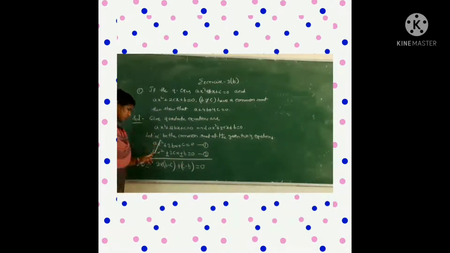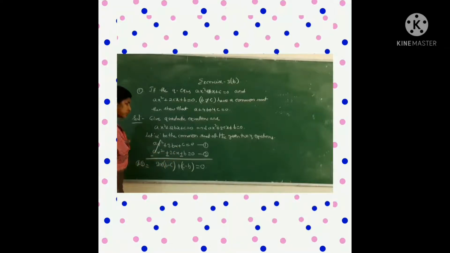Here a alpha square minus a alpha square are both cancelled. Then minus 2b alpha minus 2c alpha, here 2 alpha is common, so we take 2 alpha out, giving 2 alpha times b minus c, and then c minus b is equal to 0.